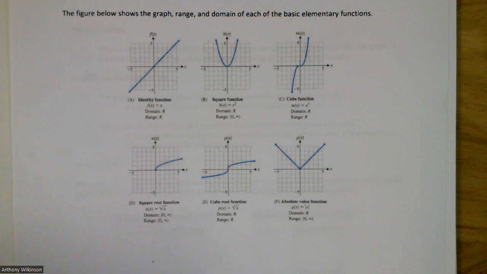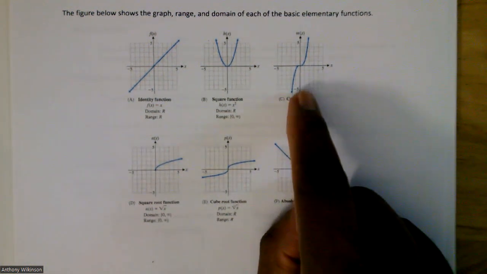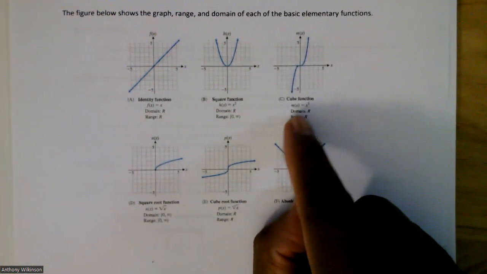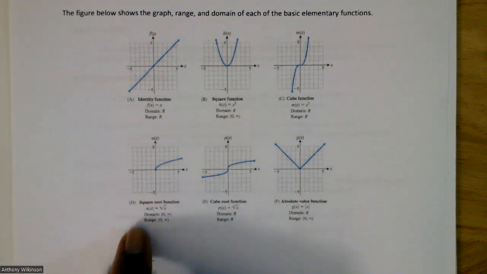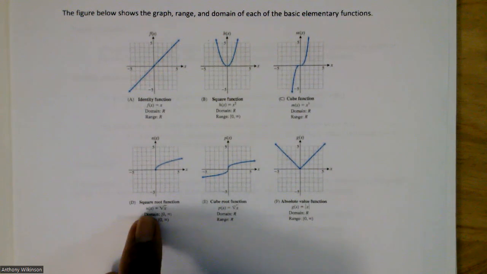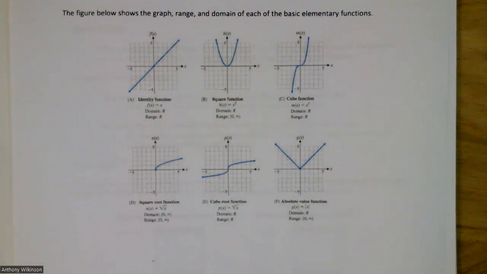The cube function, which is f of x equals x cubed, that's this function here that you see. The domain and the range, of course, are still the set of all real numbers, just like the identity function. And then we have the square root function. That's where f of x, or n of x in this case, is the square root of x.